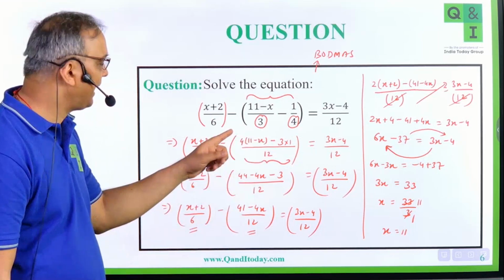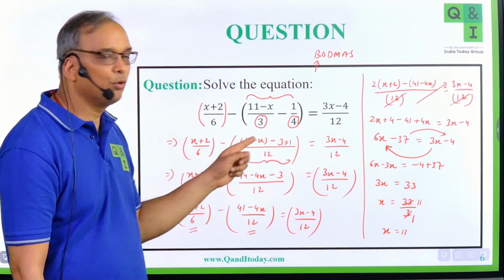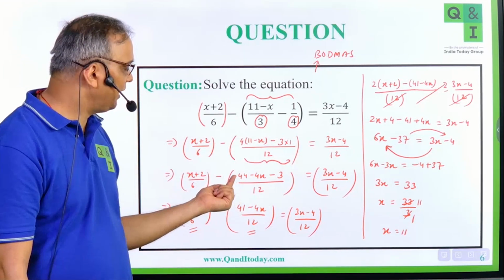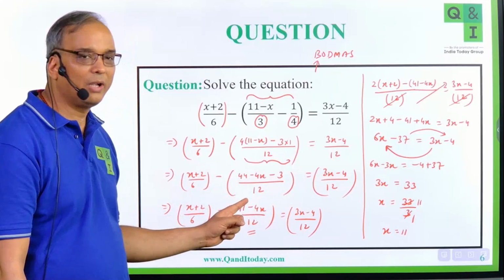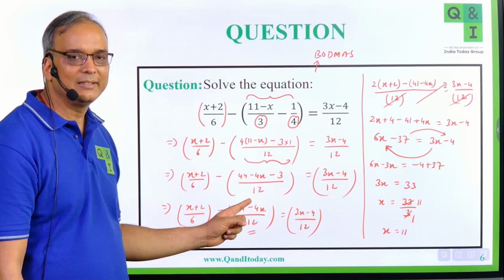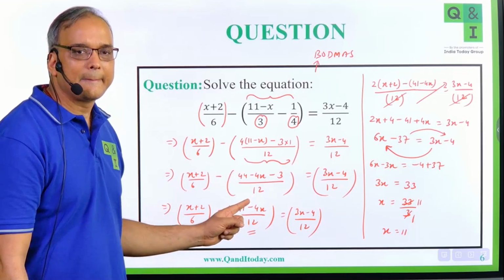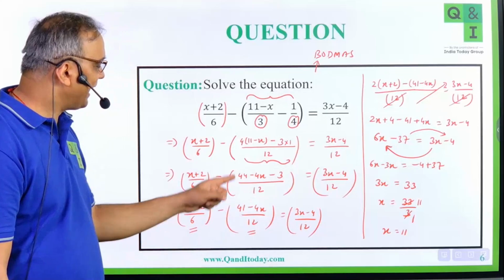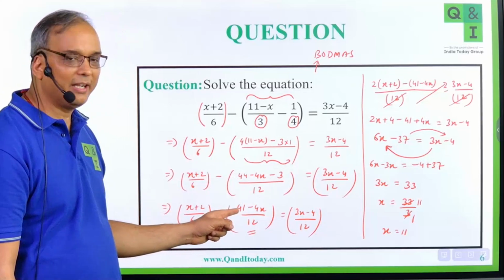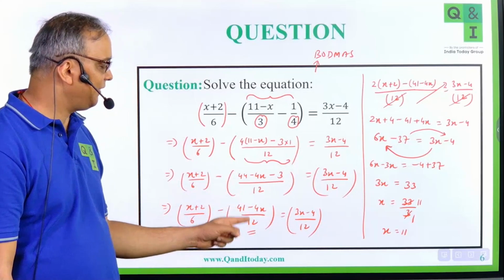So you will multiply 4 with 11 and 4 with x as well. So 4 into 11 is 44 minus 4x minus of 3 over 12. Is this clear? Yes, sir. Okay. Then after that, 44 minus 3 is 41 and minus 4x, I have left it like that.